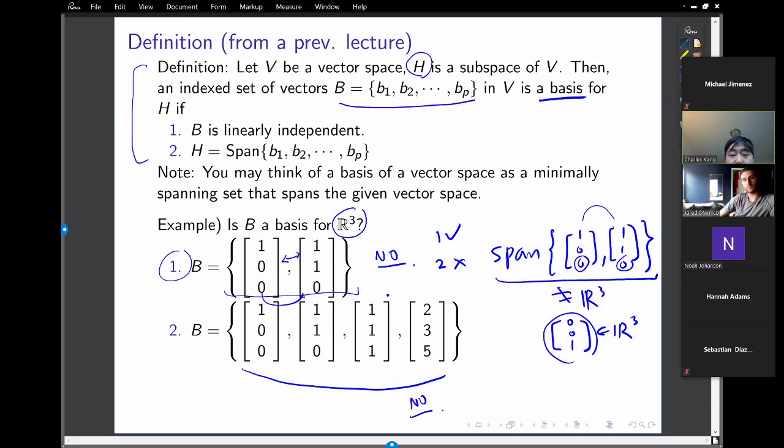Yeah, it could be this or that. We don't need 2 of these, right? Just only 1 of them. For instance, remember, for a set to be a basis, first and foremost, the set has to be linearly independent. This is not linearly independent. Is that clear?